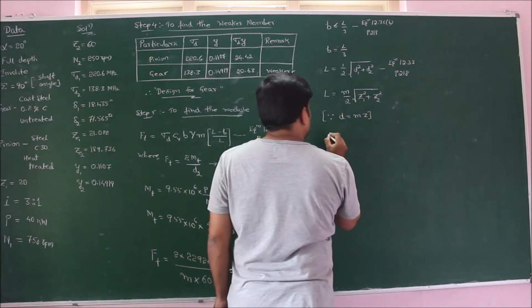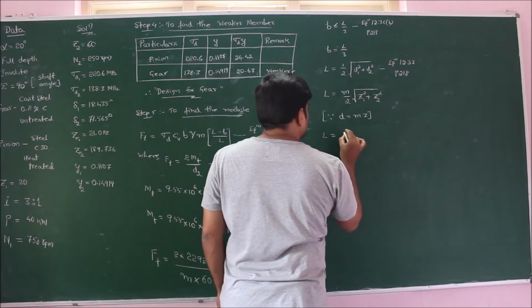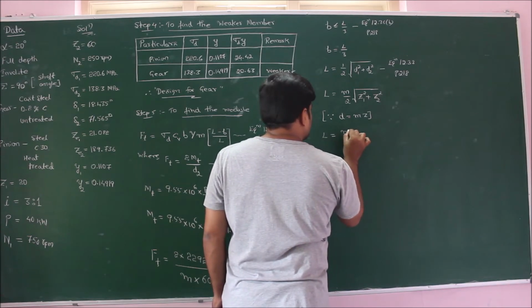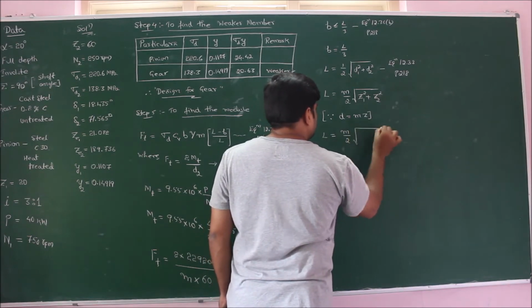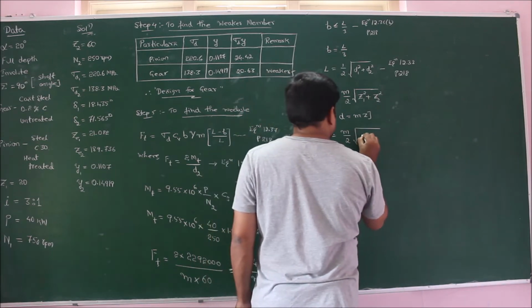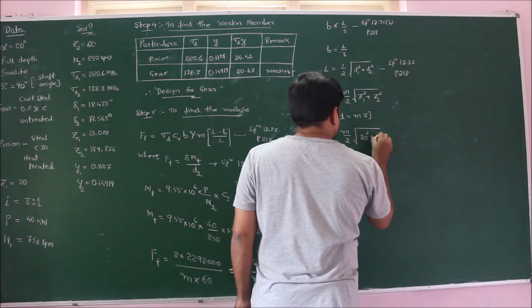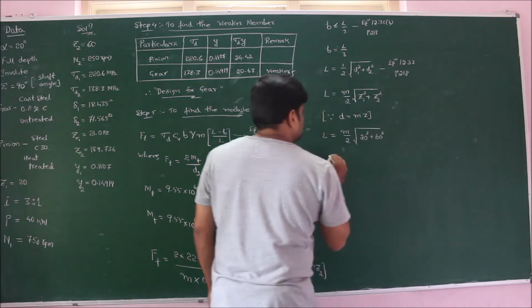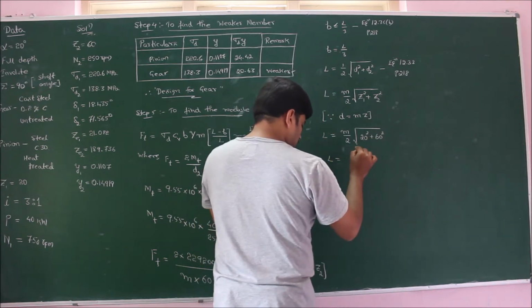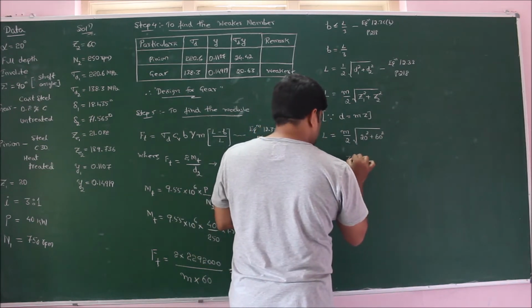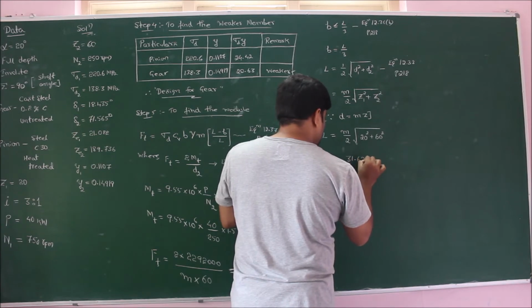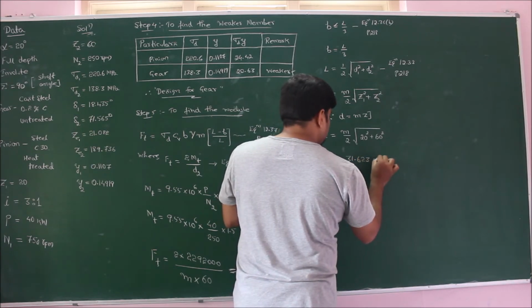Now substituting the values and simplifying, I get length L as m by 2 into square root of z1 is 20 and z2 is 60. Simplifying, L will be equal to 31.623 times the module.